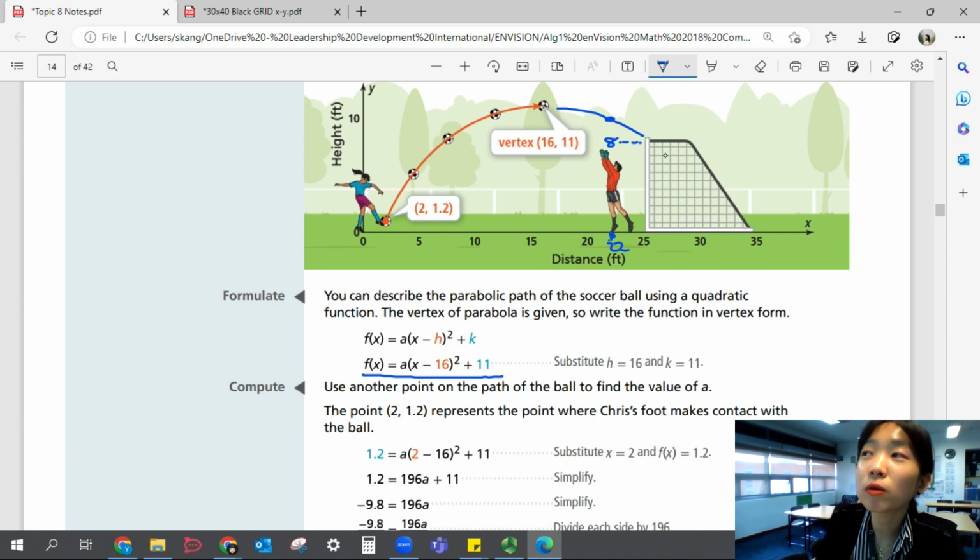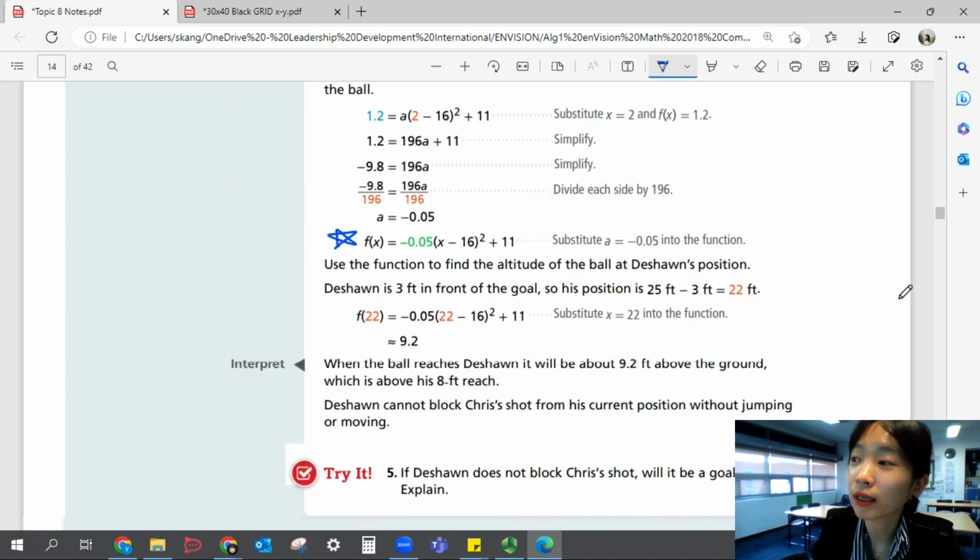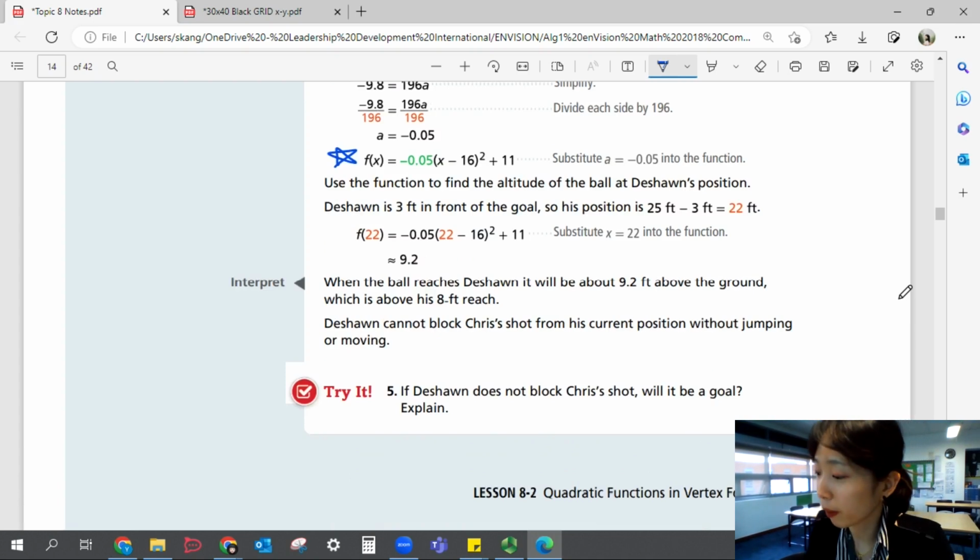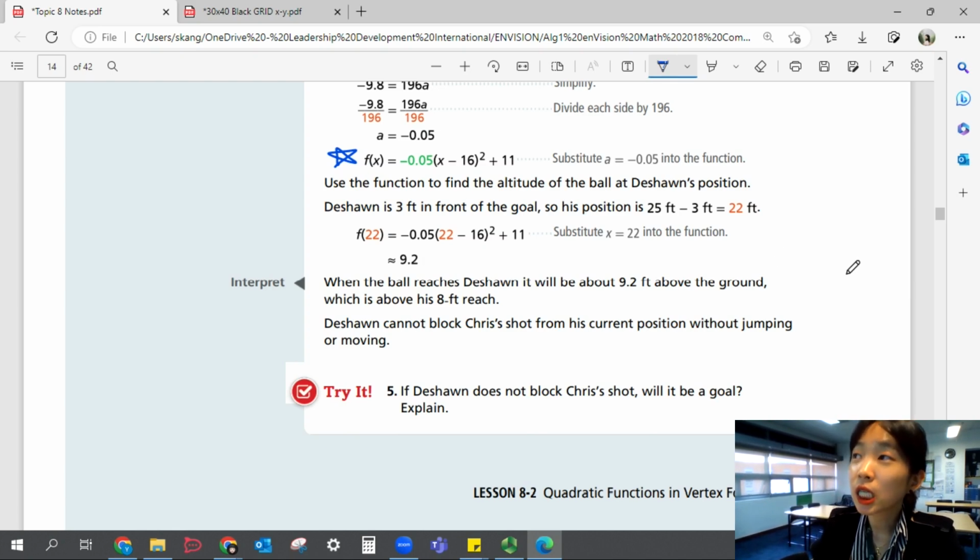Would it hit the goalpost or would it go in, right? That's the thought process we want to think about. So if he doesn't block it, there's a good chance that it's going to make a goal if it doesn't hit the goalpost, right?